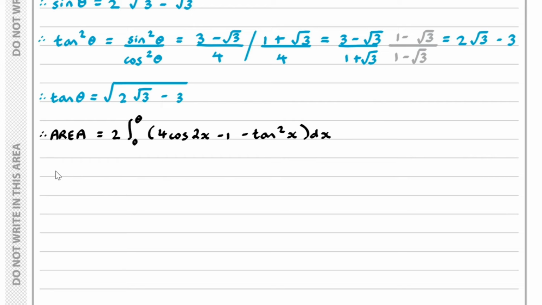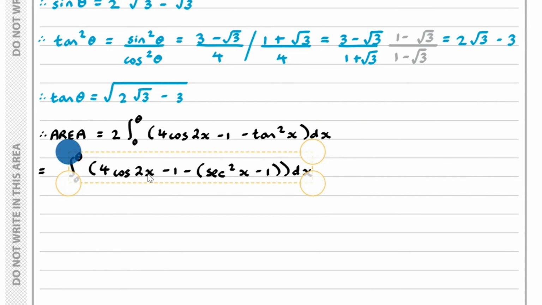And what this is equal to is the integral from 0 to theta of 4 cos 2x minus 1 minus sec squared x minus 1 dx. I'm finding out integrable values. And don't forget, I need to multiply this by 2.